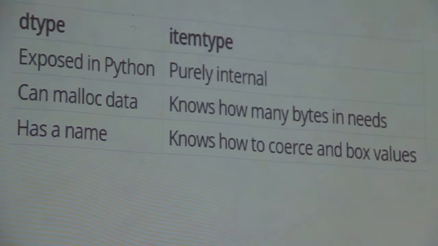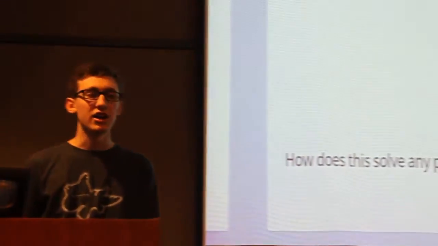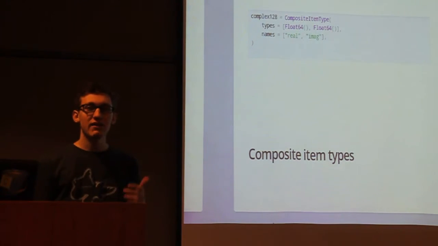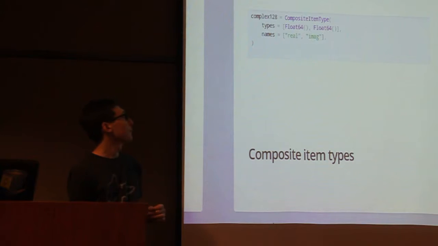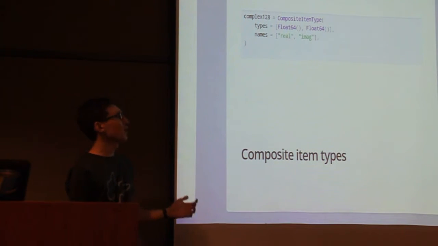So we have an add implementation, and we have an add for 16-bit floats and 32-bit floats and all these other widths. Of course, we did clever metaprogramming, so we only wrote add once, but we have implementations for all these different bit widths. So the question is, how does this solve any problems in terms of these custom d-types? And the answer is we can have a composite item type, which is essentially just built by putting together multiple other ones.